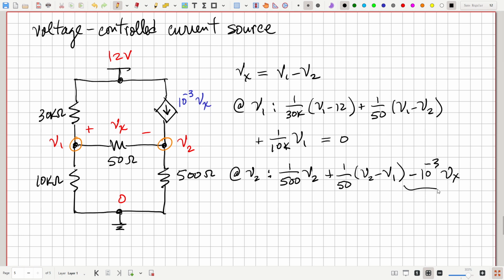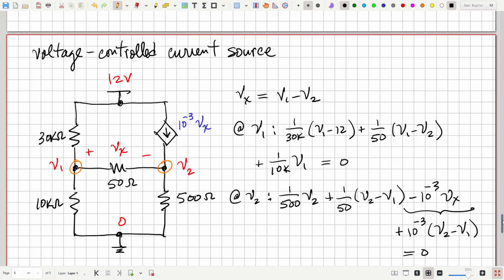But what is that? Well, here's Vx, V1 minus V2. So minus that would be V2 minus V1 times 10 to the minus 3. So we could write this as 10 to the minus 3 times V2 minus V1. And those have to sum to 0. Those are our two equations.